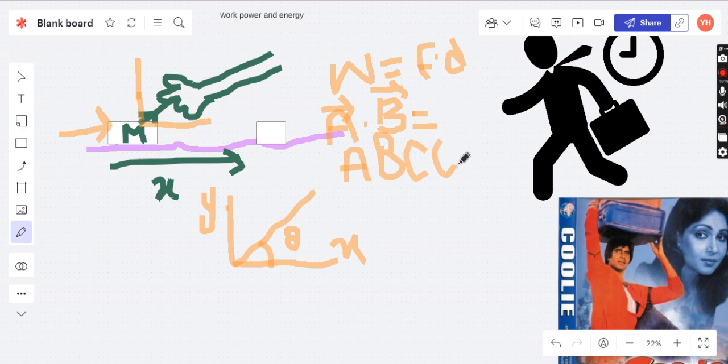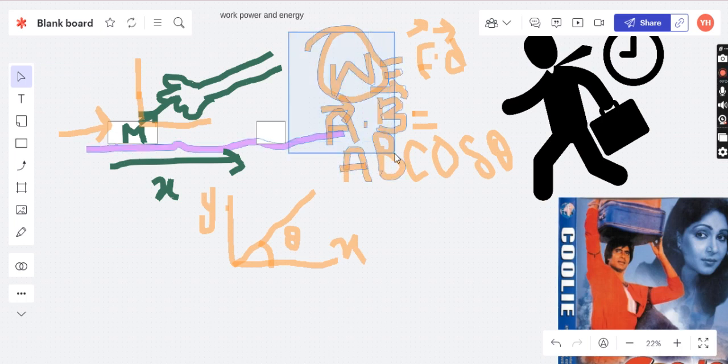This is the proof that the dot product of two vector quantities gives us a scalar, which is work. Work is a scalar in nature, right? So let's see why the body is not displaced in the other direction. Now we are aware of the formula.